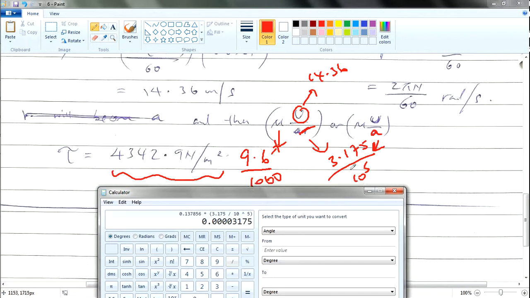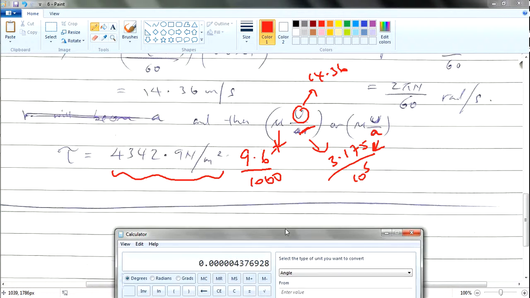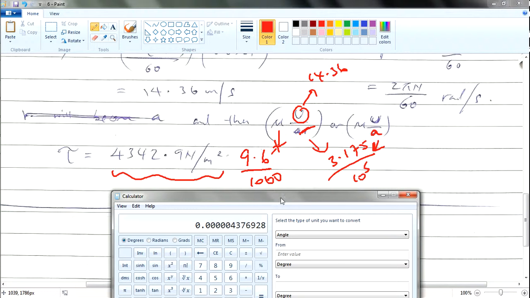Something is wrong, but you should get that value over here. Let's do it again. I hate this calculator, seriously. So this is 0.13786. Remember that.